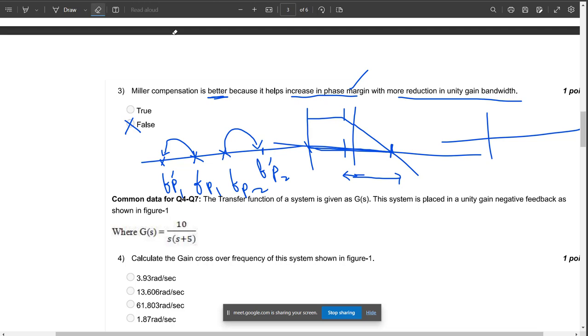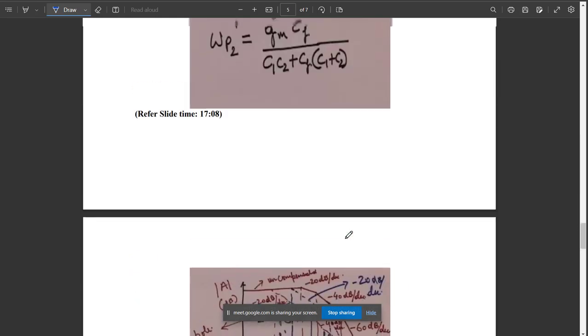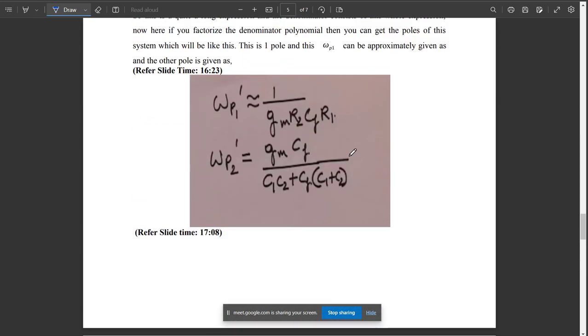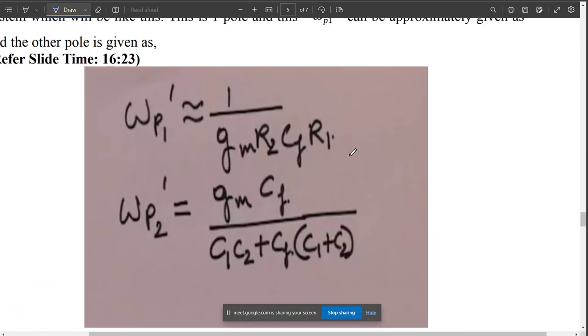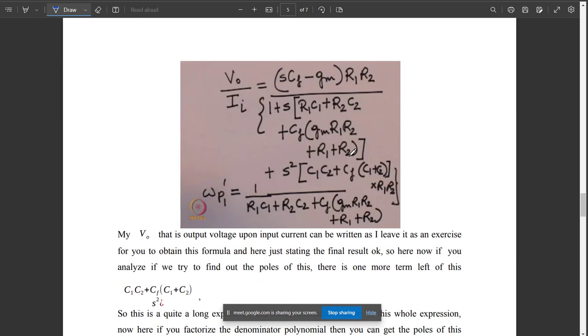Ma'am, in the lectures shared by the professor, the pole frequencies are given, like 1 by gm R2 Cf R1. The formula has not been derived in the lectures, so we have to remember them, just like statements?